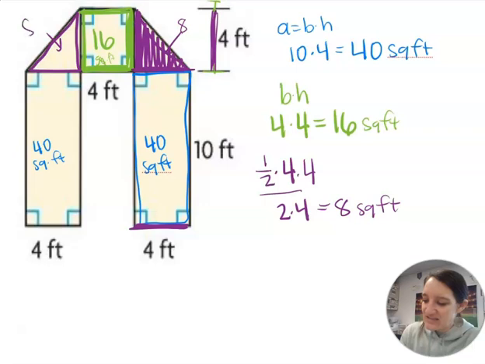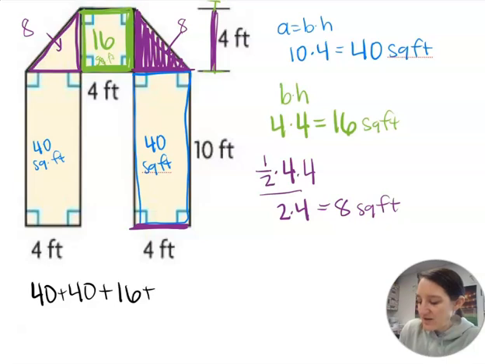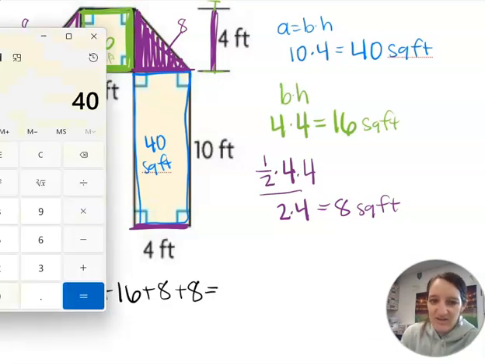That is 8. The last step is to just add it all up. Add up your 2 rectangles, your square, and your 2 triangles, and plug into your calculator if you'd like. I got 112.